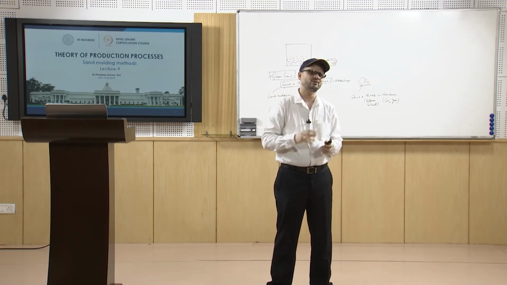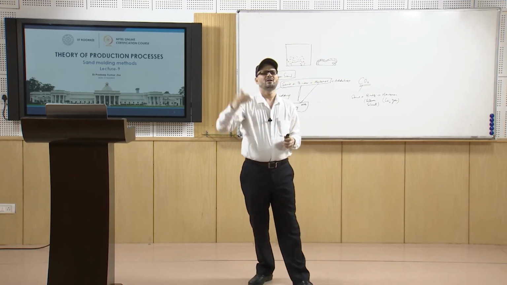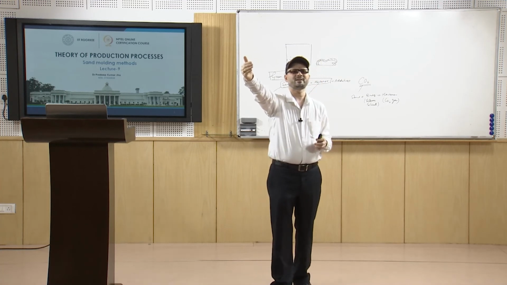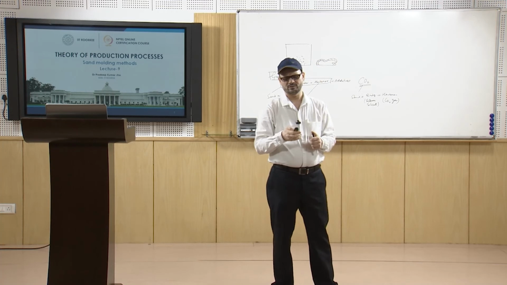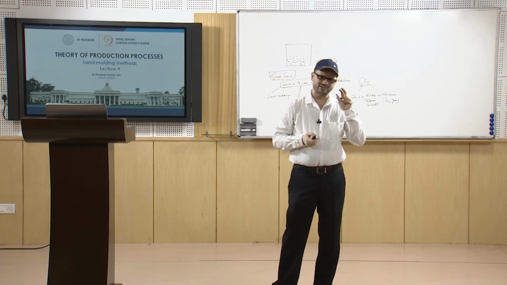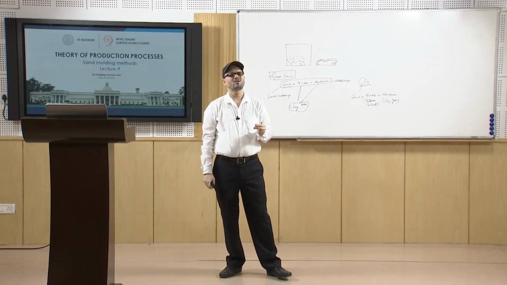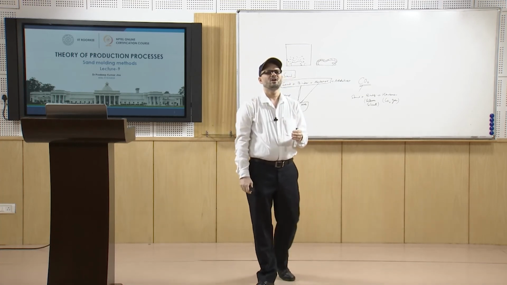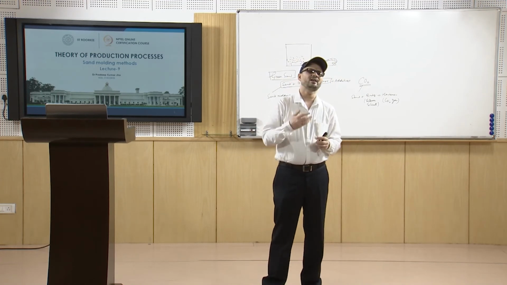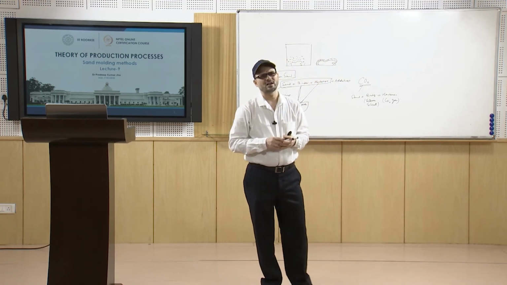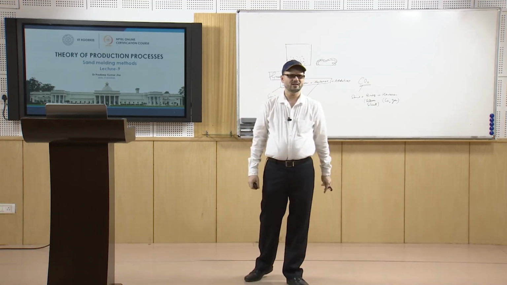In cold chamber, the metal will be brought from outside where the metal is melted, and then it will be poured into this machine, injected into the machine. Very low melting point alloys are normally done using hot chamber die casting, because otherwise if they lose their superheat quickly you cannot do the casting. Otherwise you go for cold chamber die casting.